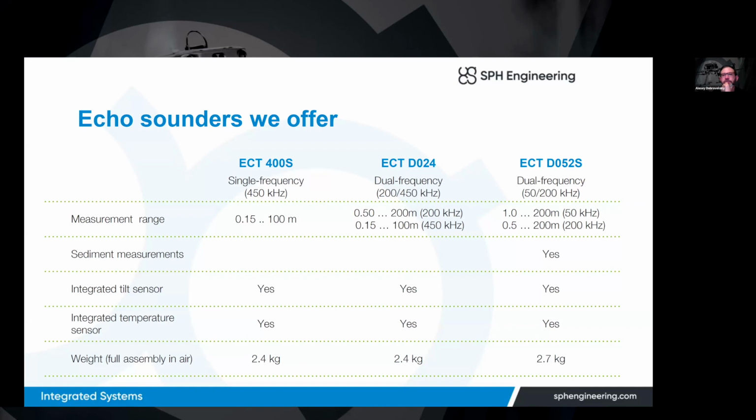Because the echo sounders will have different possible applications. I will explain the difference on the next slides, but here I want to stress a very important parameter of the devices, the measurement range. Actually, maximum measurement depth is not very important because we don't position our systems for surveys in open seas or oceans.